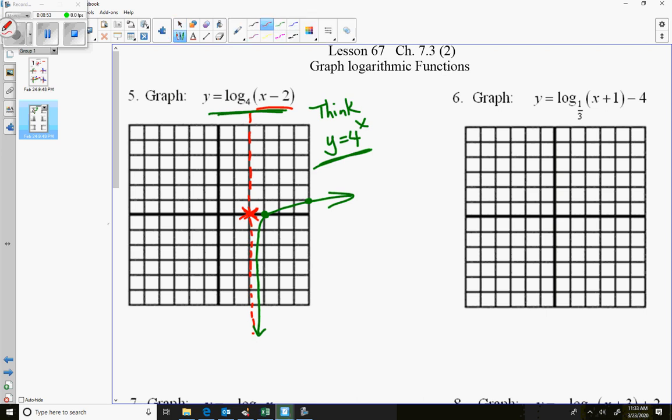Next one, again, y equals log base 1/3. But now we are shifted 1 to the left and 4 down. So 1 to the left and 4 down. That makes our starting point there. Through that starting point, we have a horizontal asymptote.